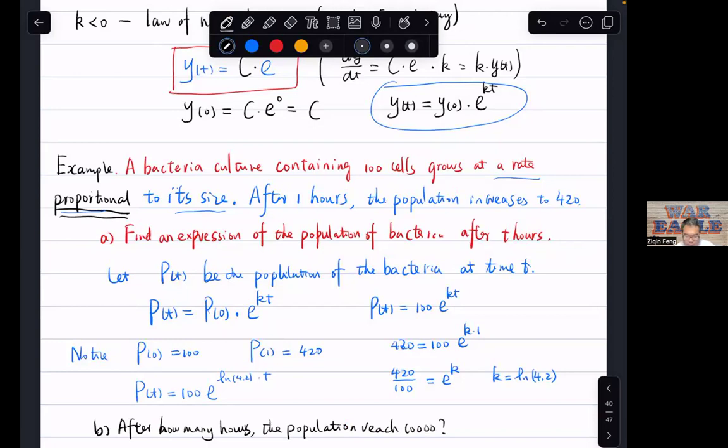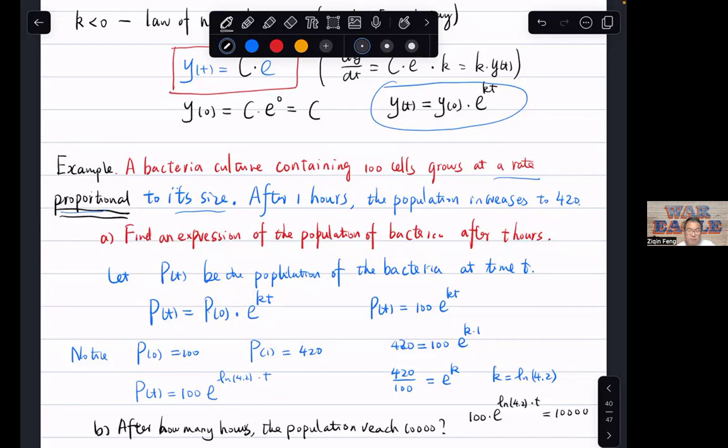All you want to do is set up the equation, which is 100 times e to natural log of 4.2 times t equal to 10,000, right? Then you solve for t, right? Divide by 100 and also take a natural log.